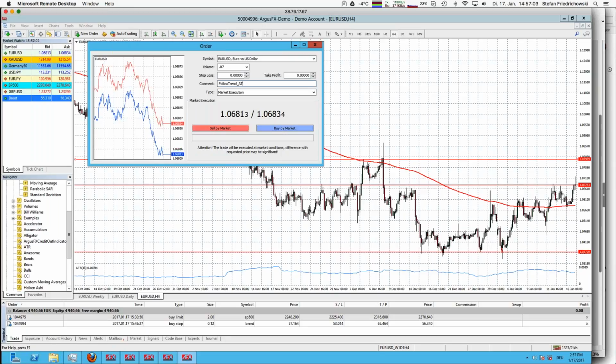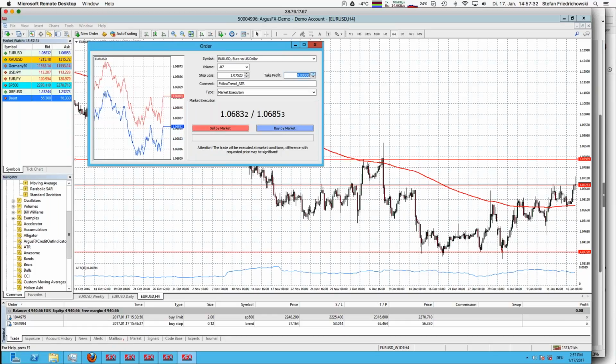Good. Stop loss level is at 1.0753. Let me wait until the numbers are there. It's always a little bit slow because of the webinar software and getting all the data to you.